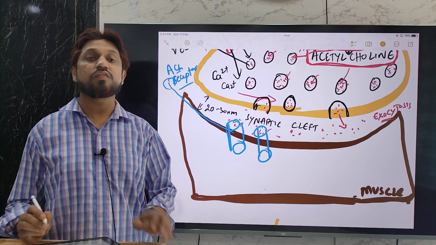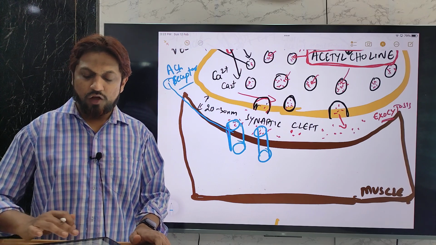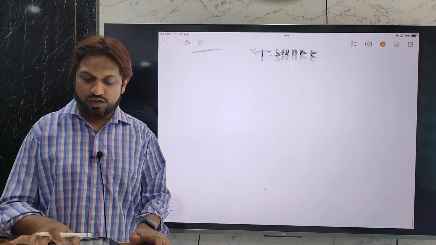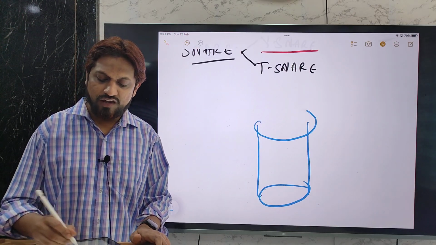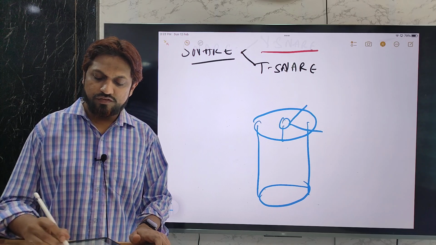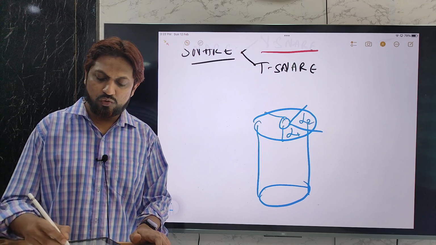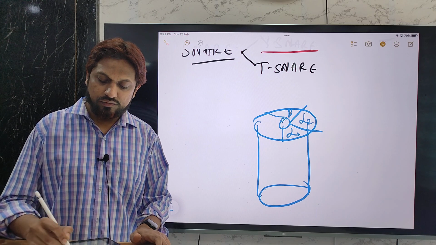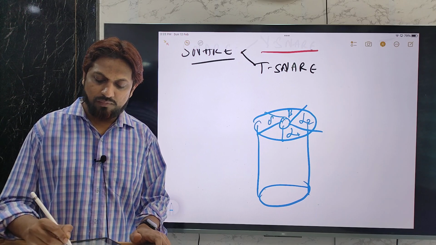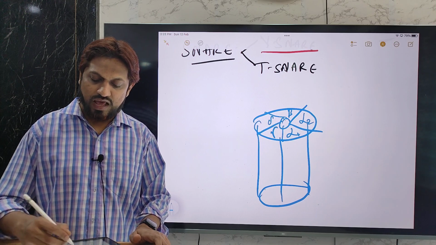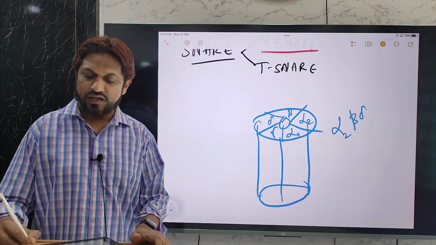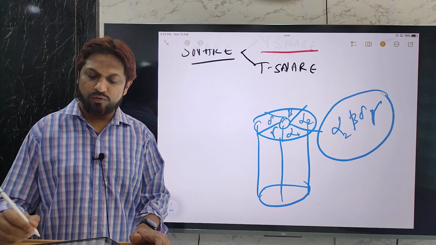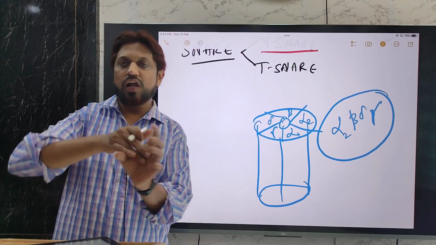More specifically, it is the nicotinic acetylcholine receptor, which is a pentameric protein. Pentameric protein means it is made up of 5 protein subunits: alpha 1, alpha 2, beta, delta and gamma. These 5 proteins form a tubular structure.